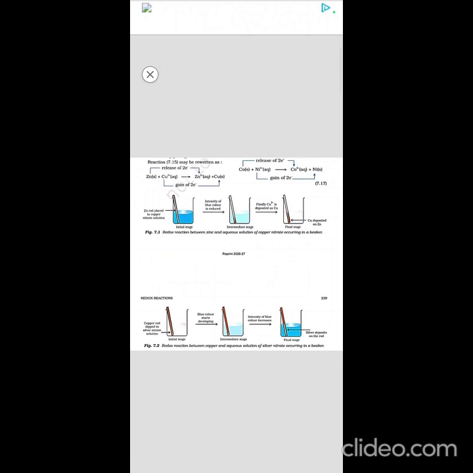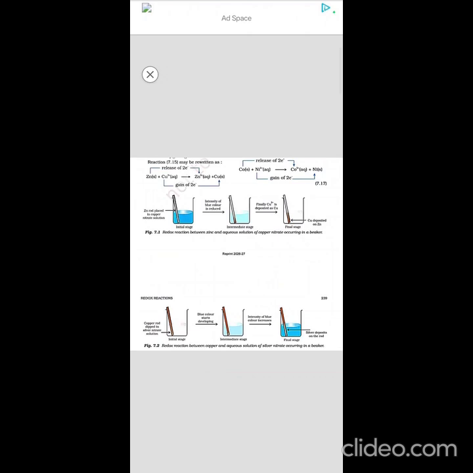Zn plus CuSO4 gives ZnSO4 plus Cu, a single displacement reaction. In copper sulfate, the copper ion is Cu2+, and in zinc sulfate, the zinc ion is Zn2+.